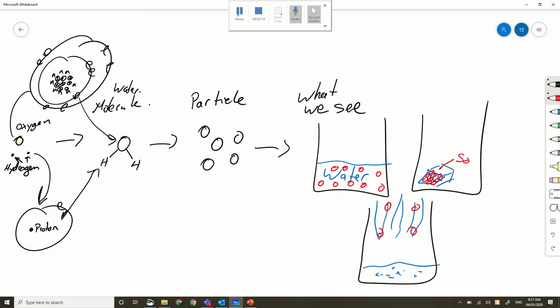So solid is close. Gas, far apart. And liquid, kind of close. This is liquid. So hopefully that helps to clarify a little bit.